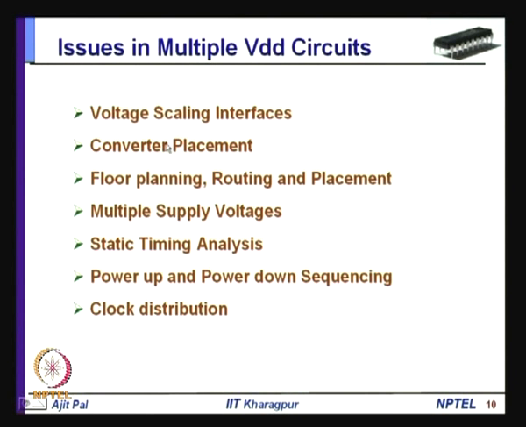That is also a challenge. Then floor planning, routing and placement of not only different modules or macros or standard cells, how they will be placed, how the routing will be done, how the clustering will be done, will play a very important role.